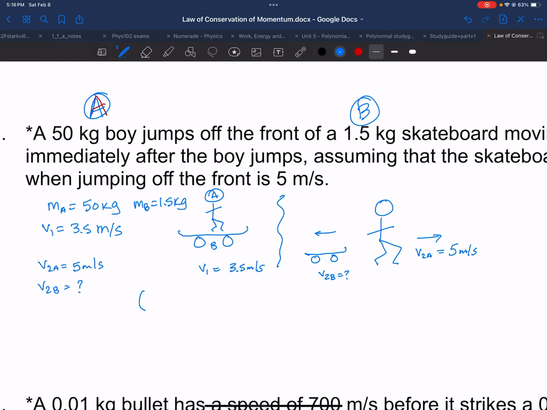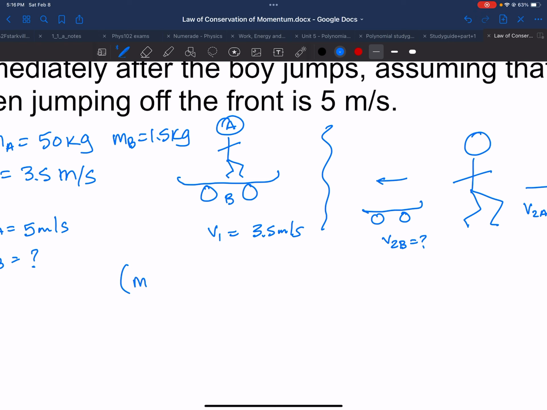So my equation would be mass of A plus mass of B times, see how easy it is to get falling into the trap of putting the numbers in. So that is times V1, and that's going to equal mass of A V2A plus mass of B V2B. And V2B is what we want to solve for.